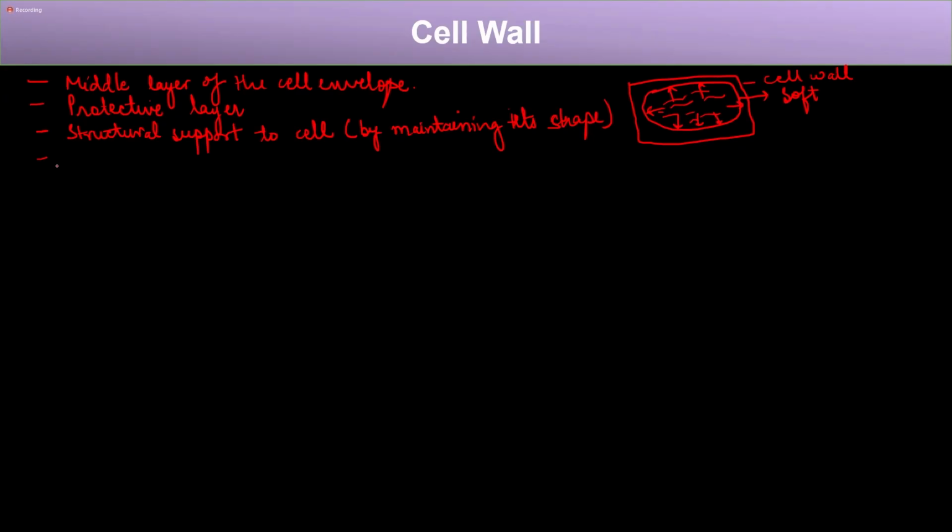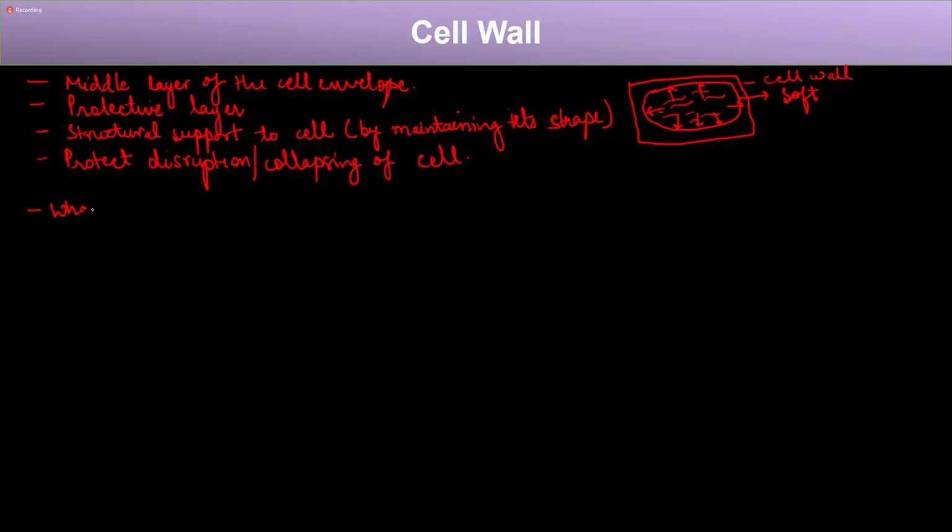So the cell wall also protects against disruption or collapsing of the plasma membrane or cell. So the major function of a cell wall is that it acts as a protective layer because it provides structural support to the cell by maintaining its shape, and it also protects against disruption or collapsing of the cell. Now the second question is, what is a cell wall made up of?